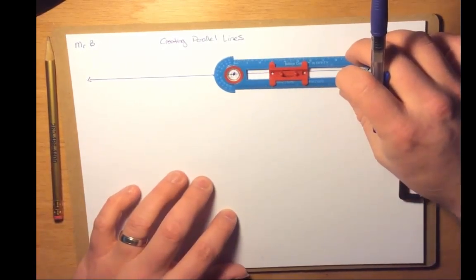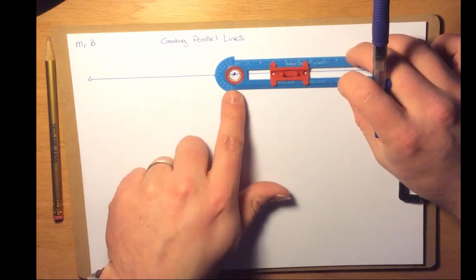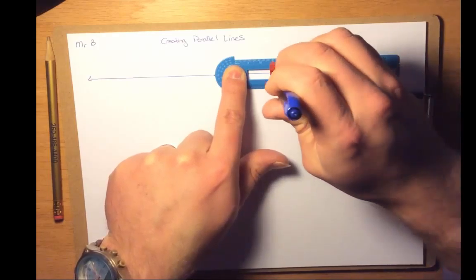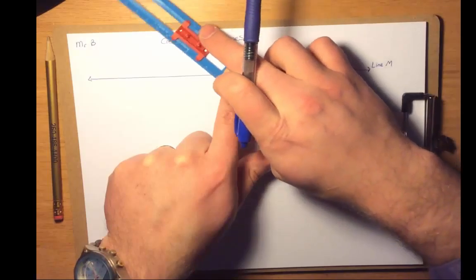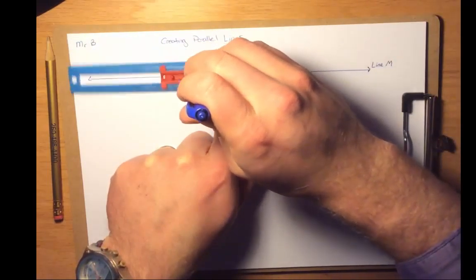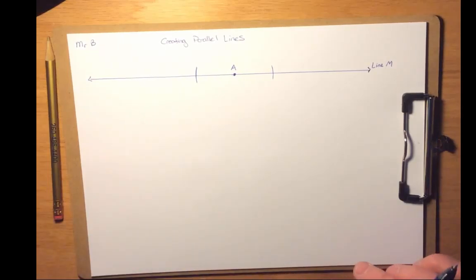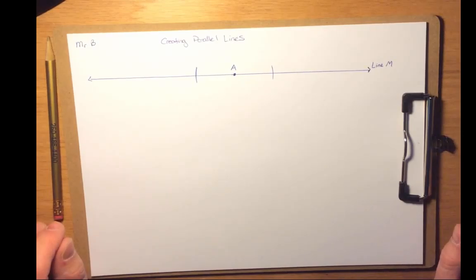And I'm going to slide my compass up so that the end of it is on point A right here. Clamp it. And I'm just going to make a little arc there. And I'm going to swing it around and make a little arc there and slide my compass off. And I'll give you just a moment to finish that.